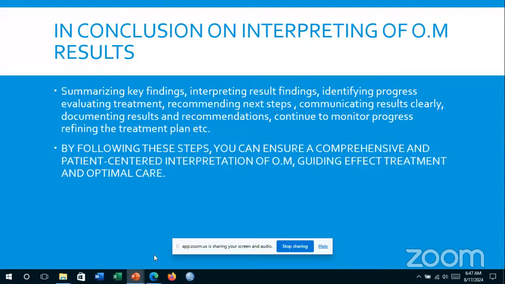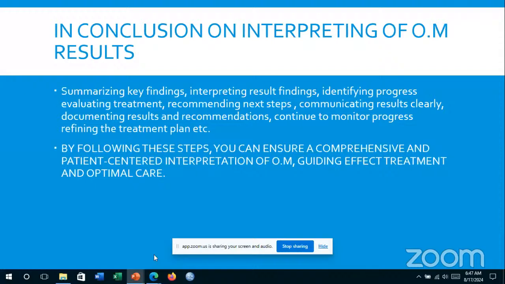We use outcome measures to document results, make recommendations, and to determine whether we want to continue managing the patients or even make a referral. If we do what we have to do, using the right equipment that is specific, that has good psychometric properties, we can ensure that we have very safe care. We can ensure that we have comprehensive care for our patient.